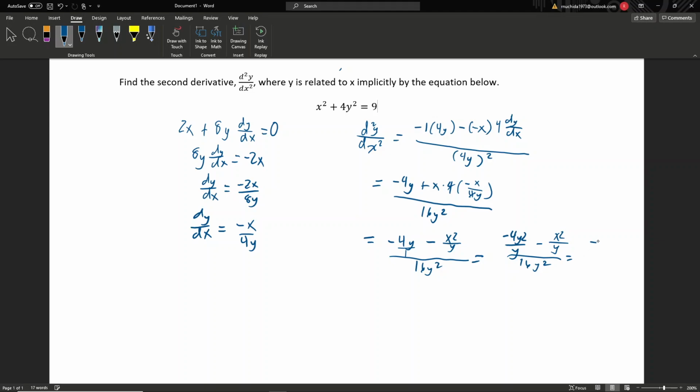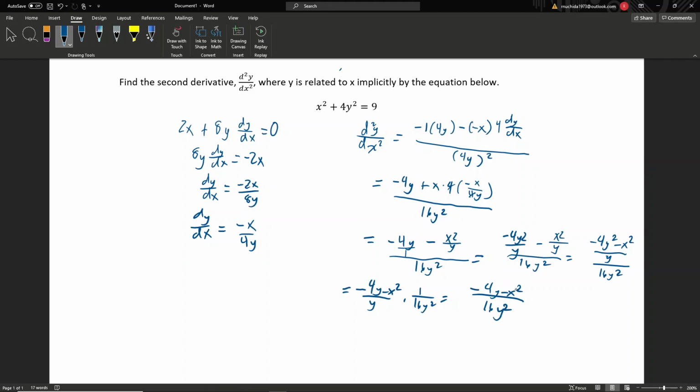So that would be negative 4y squared minus x squared, all over y, all over the 16y squared. Dividing by the 16y squared is the same thing as multiplying by 1 over 16y squared. So so far this would be negative 4y squared minus x squared all over 16y cubed.